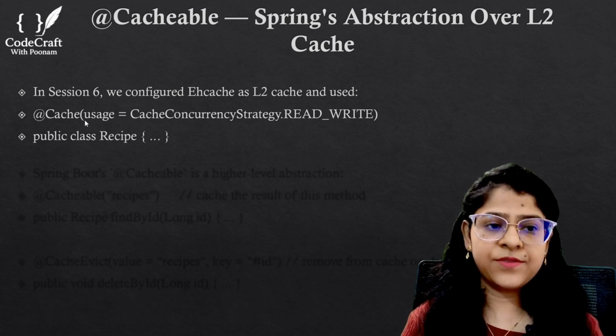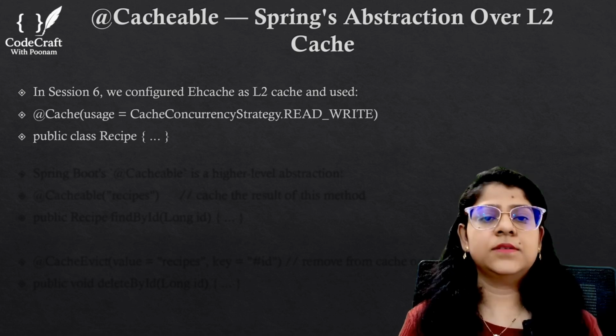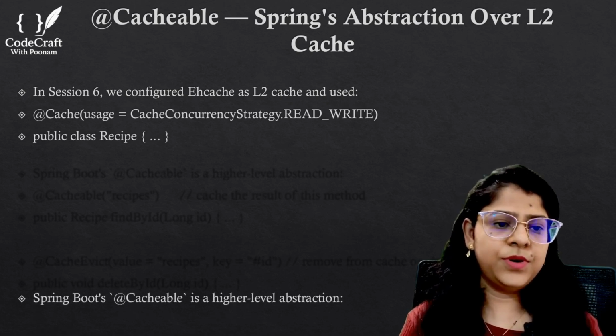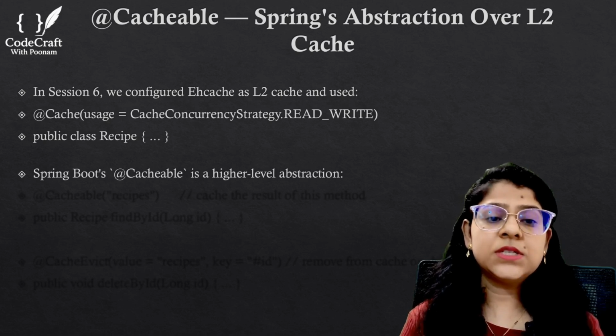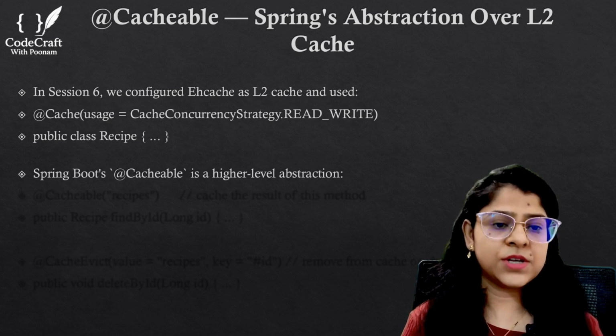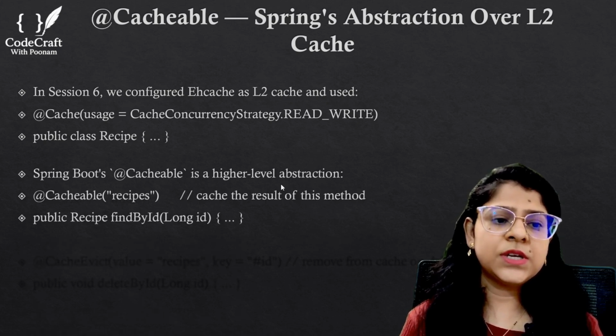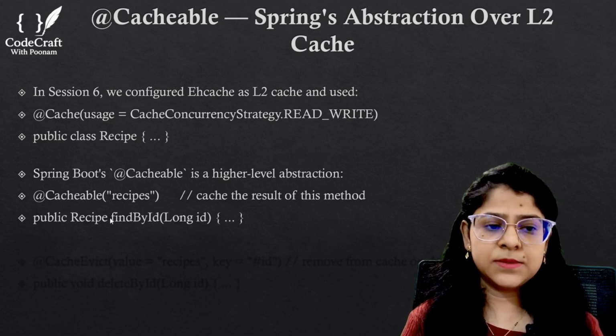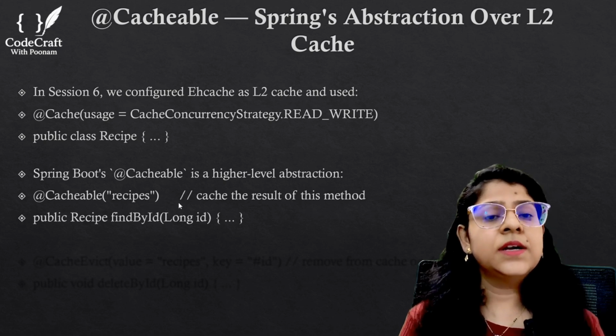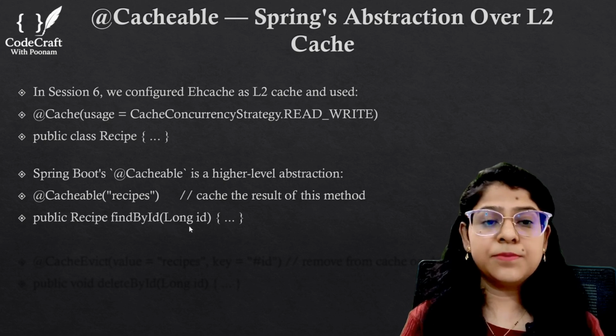But in Spring Boot, @Cacheable is the annotation. So this is a higher level of abstraction. When you use it with the method public Recipe findById, it caches the result of this method.